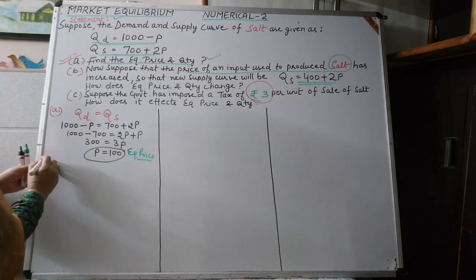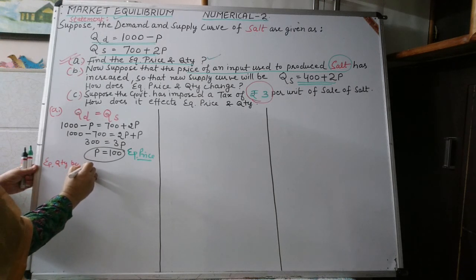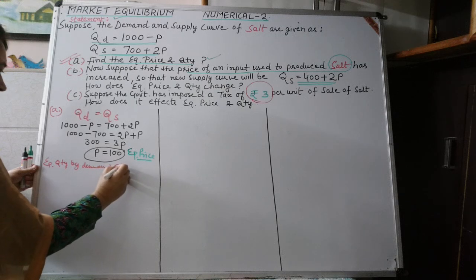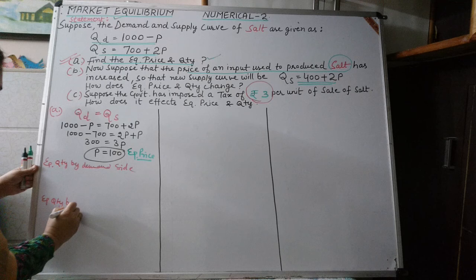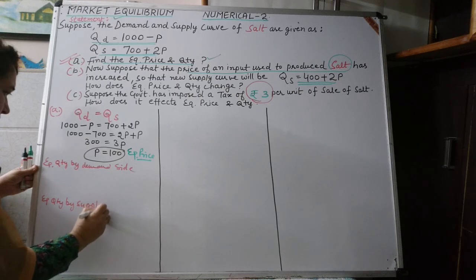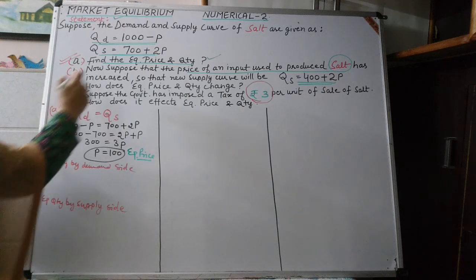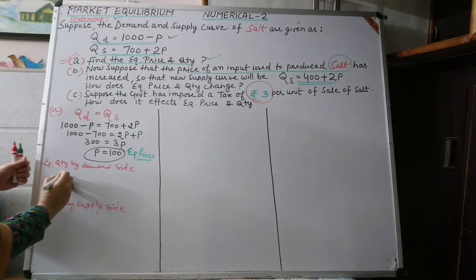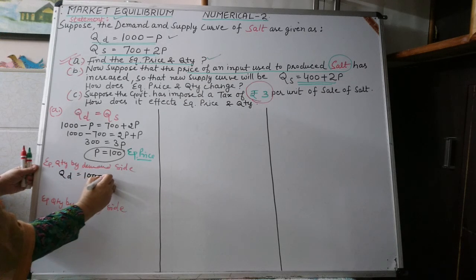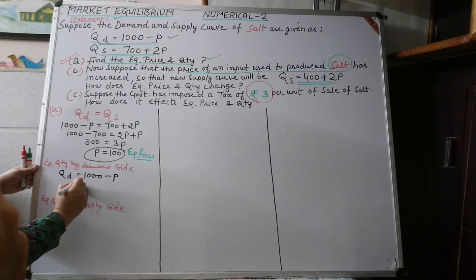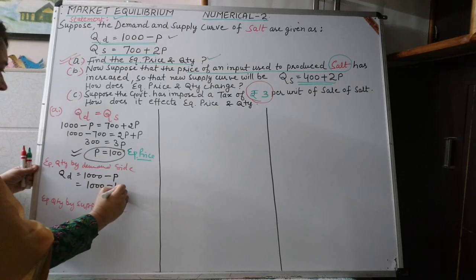Now the equilibrium quantity by the demand side, then the equilibrium quantity by the supply side. So let us put this equilibrium price. QD is equal to 1000 minus P, and the value of P we have just calculated is 100.